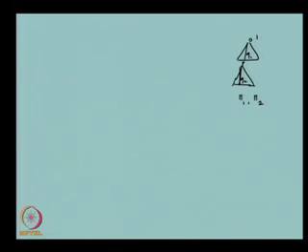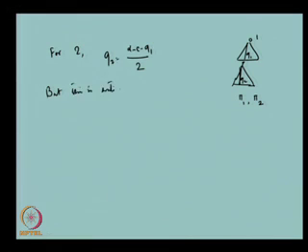So, for firm 2, he is going to play according to the best response function, which is given by q2 = (alpha minus c minus q1) divided by 2. But this is known by firm 1. This is anticipated, let us say, by firm 1.